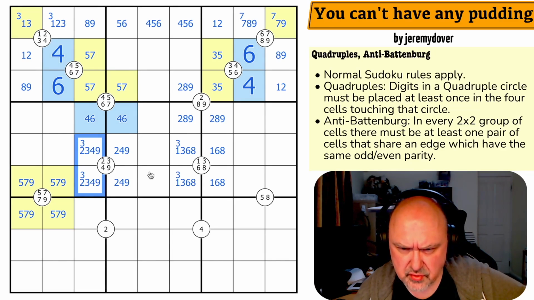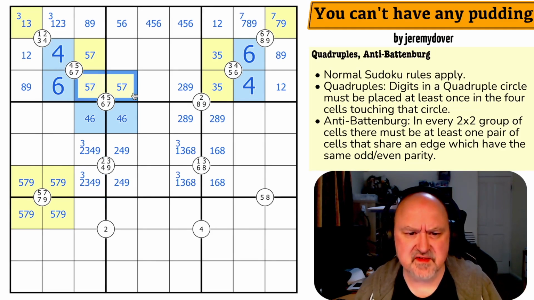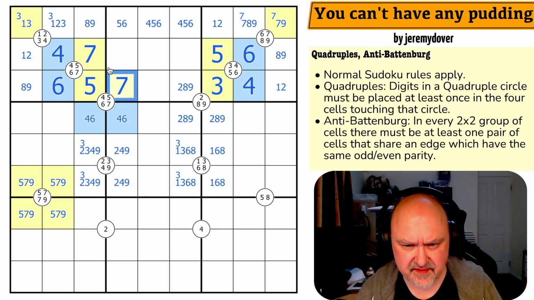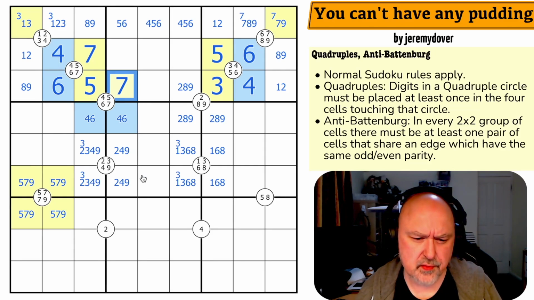I'm not sure. Oh, the 5, 7 is making that the 3 and that the 5, which looks back making that the 7 and that the 5 and that the 7. Is that doing anything?